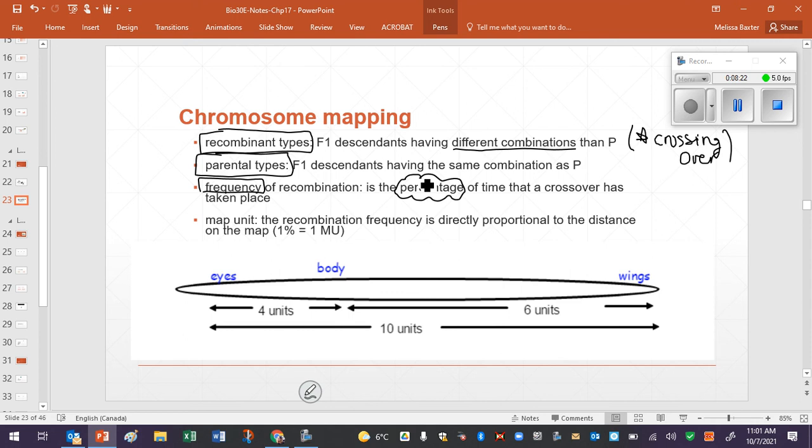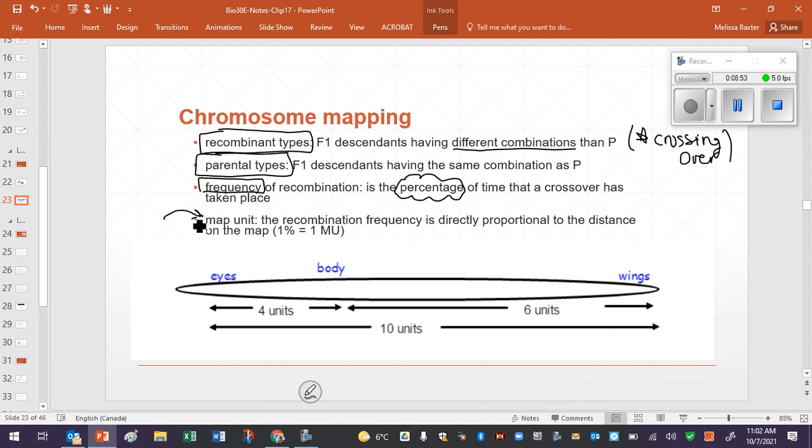So, once I have this data, once I figure out, okay, I have this many offspring and this percent of them are recombinant, what on earth do I do with that? Well, I'm going to take this percentage and convert it to something called a map unit. Scientists are great at this. We make up units to suit our purposes. When the thing I want to measure is really small, let's make up a new unit so that I don't have to use decimal numbers.